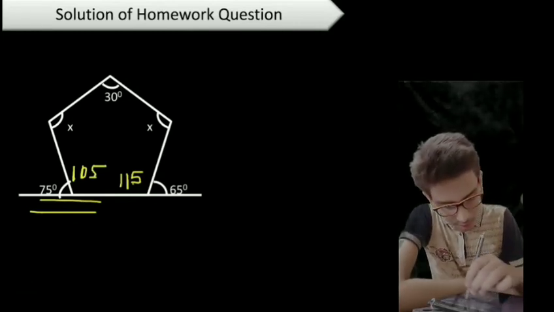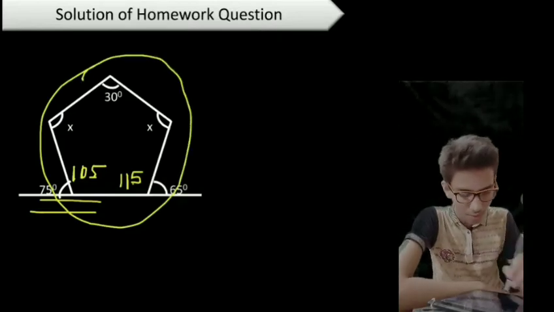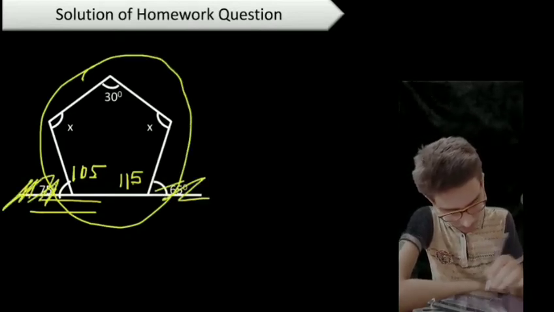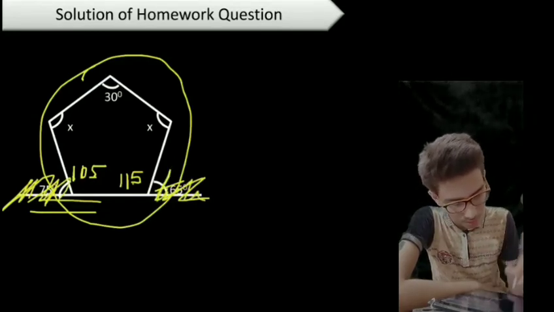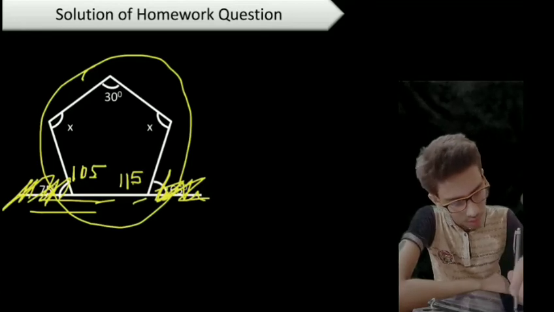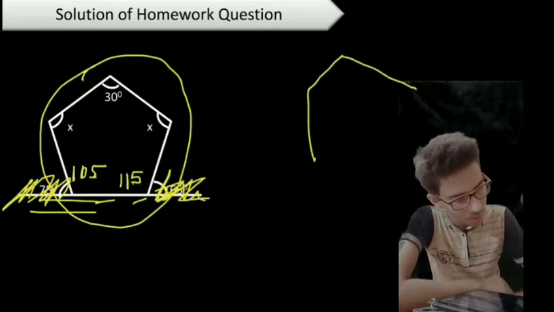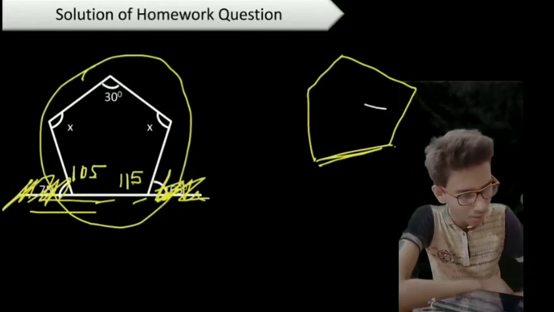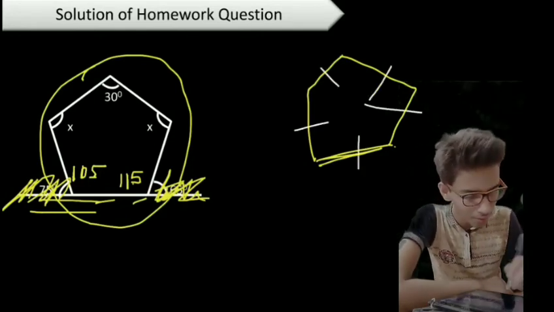Now this figure is what? If you ignore all these things, their job is done. We have got the inner angles of this polygon. So now we are going to see which polygon this is. How many sides are there? 1, 2, 3, 4, 5 sides.